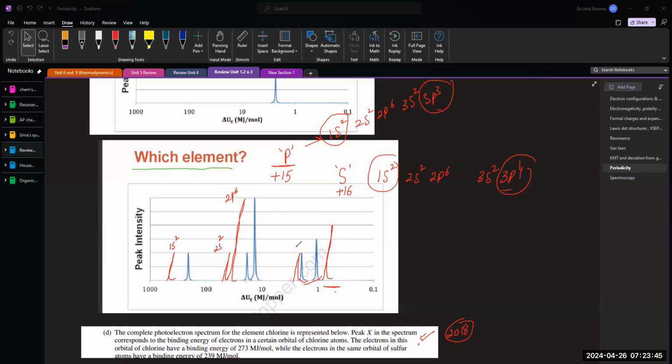Can you see? This is 3s2, this is 3p4 of sulfur. So please understand, when you are making this PES diagram, think about the nuclear charges, right? Ready for the questions, Sanvi?